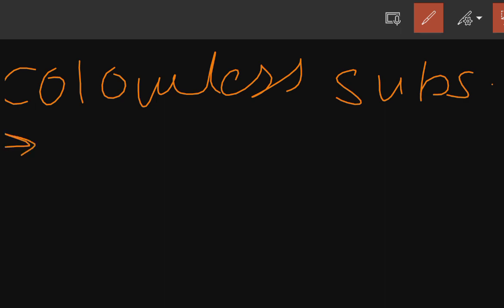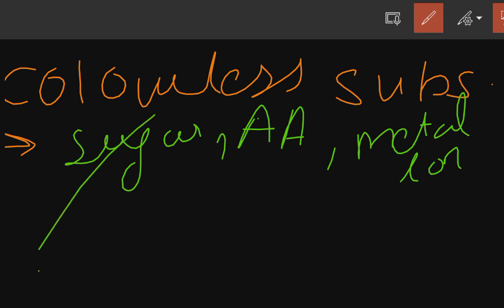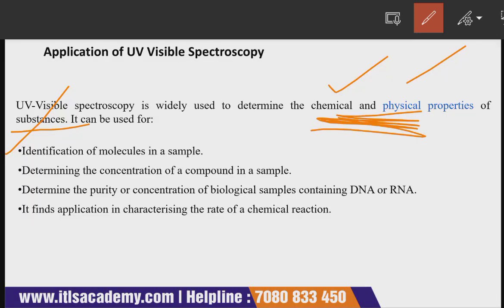Like sugar, amino acids, metal ions. They can also be estimated after reacting them and producing a colored derivative. So this can also be estimated with the help of a spectrophotometer.